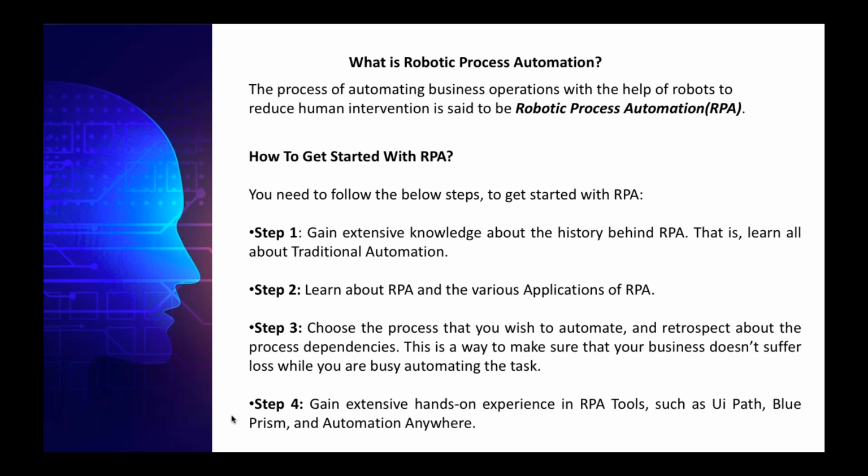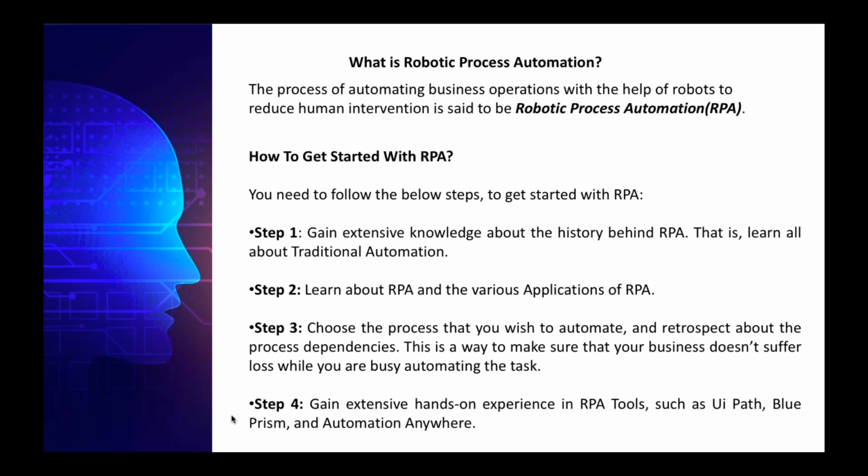There are two types of automation: one is attended, another is unattended automation. Unattended is a straight-through process. In attended automation, human intervention is needed.